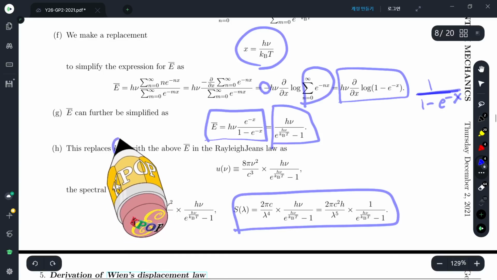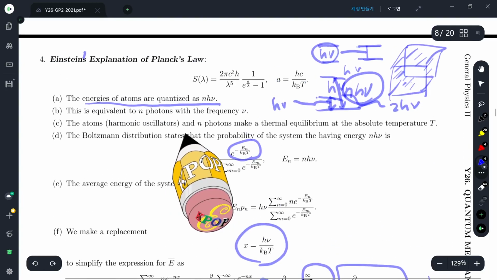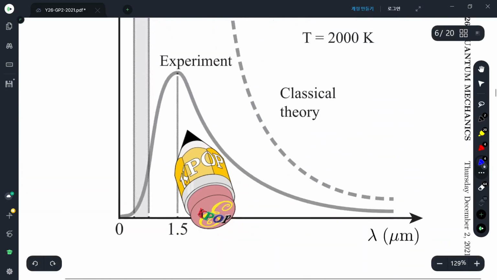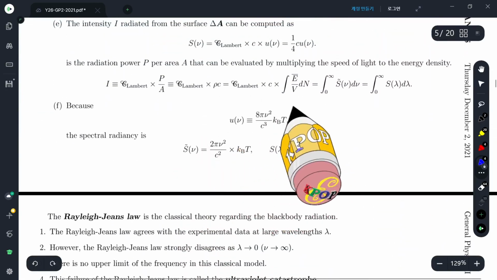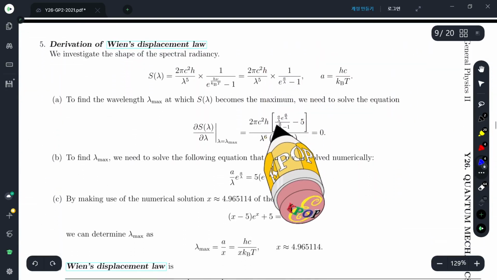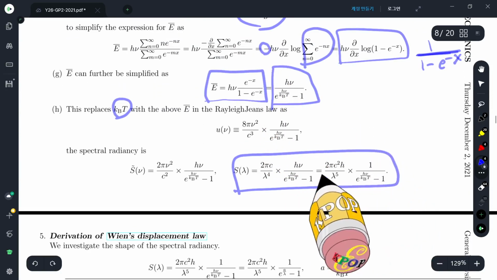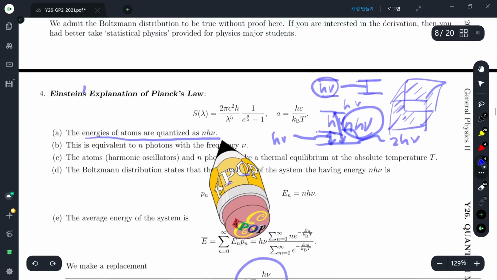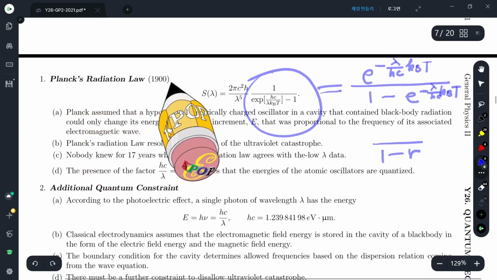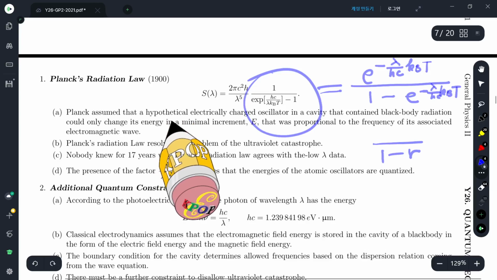This one is to replace the kBT in Rayleigh's law. In here, replacing that average energy with this one, we finally obtain the expression that Planck obtained.